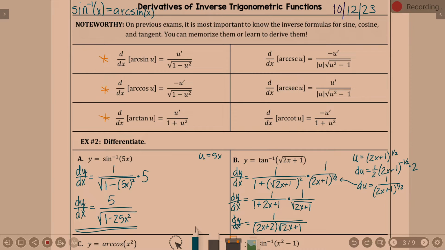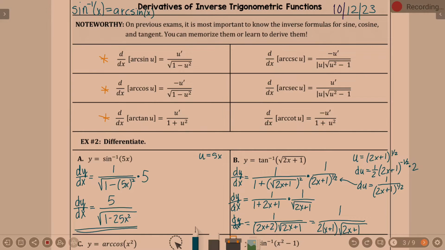I'm not saying you have to, but 1 over 2 times (x plus 1) times the square root of 2x plus 1. Again, the other one is perfectly fine as long as you can identify the equivalents. Okay. Catching on a little bit, because these are not the easiest thing.